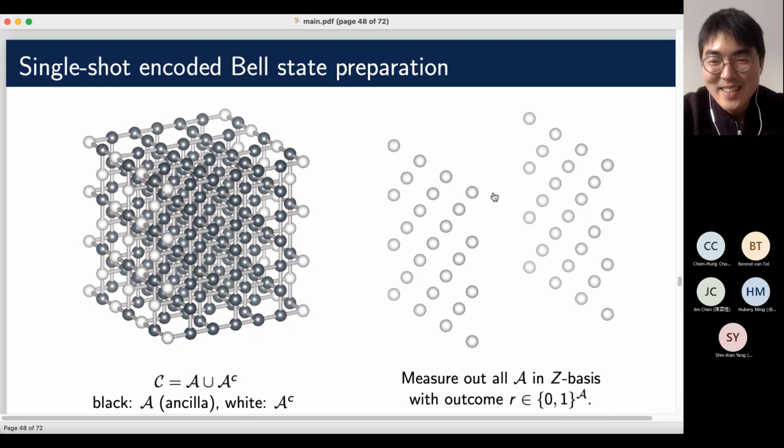This state, with some correction operator, forms the logical Bell state, logical 0 plus logical 1. And then consider applying our single shot 2D surface code decoding scheme.